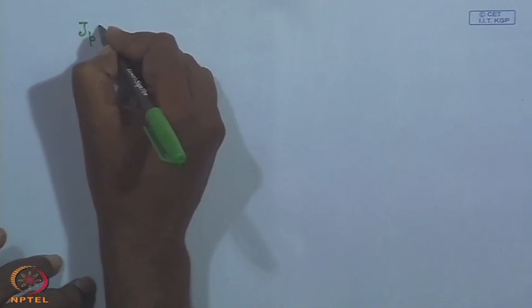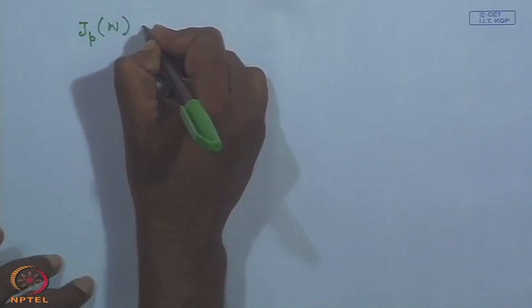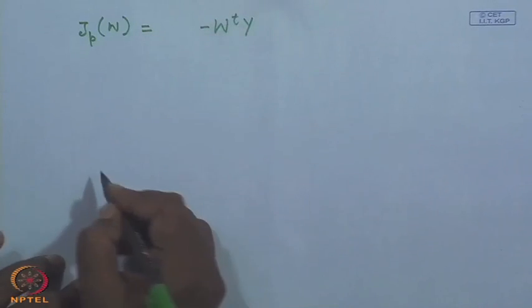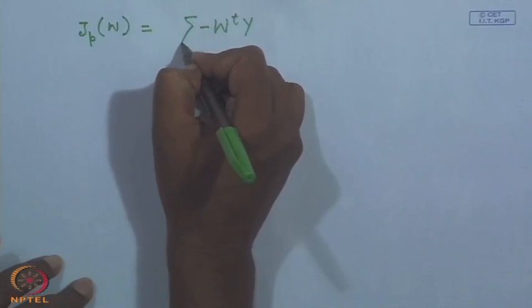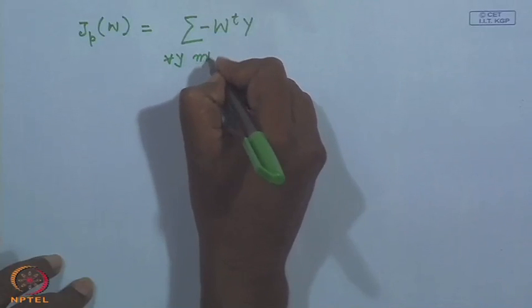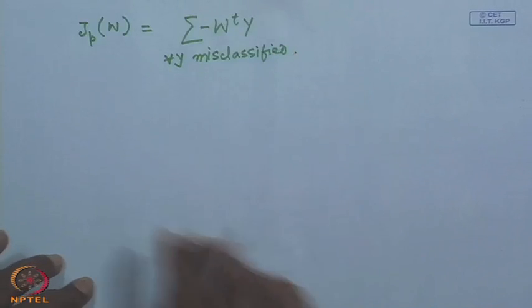If you remember, in case of perceptron criteria, the criteria function for designing the classifier was something like this: J_p(W) equals the sum of minus W transpose Y, where this summation is taken over all Y which are misclassified.